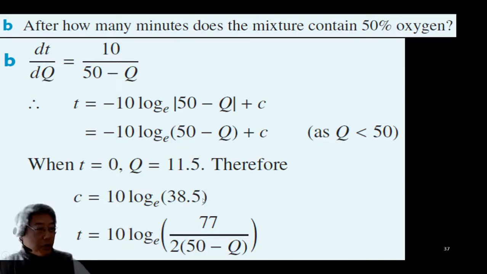You substitute back into here. I think they rounded off to 77. Sorry, no, the 77 here, 77 over 2 is 38.5. They replace the c by a log, and they use the log law with a difference to write it as a ratio.